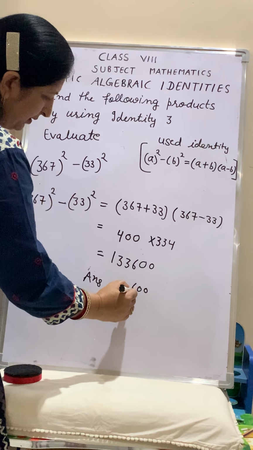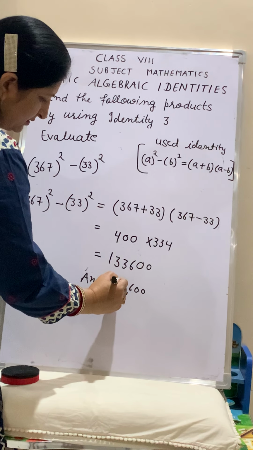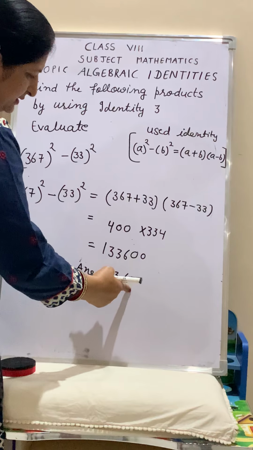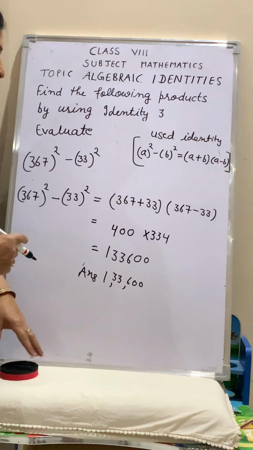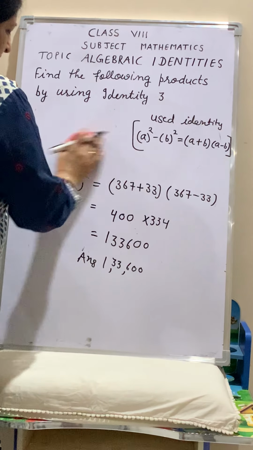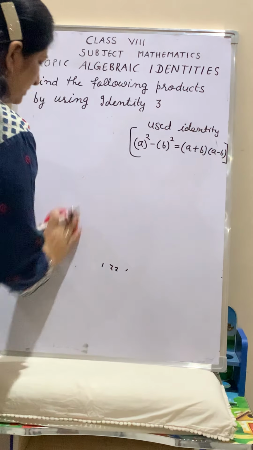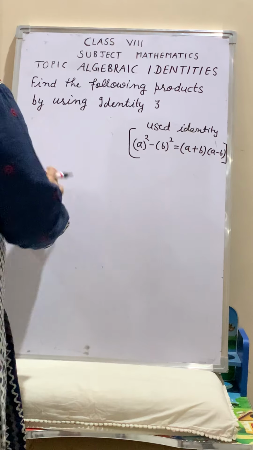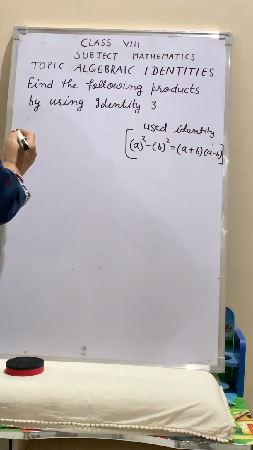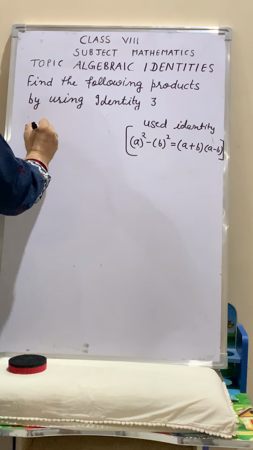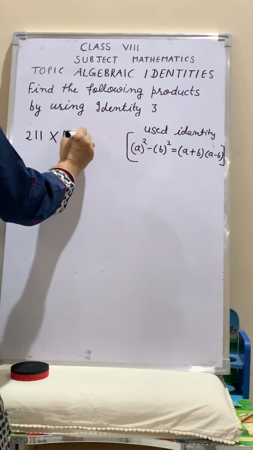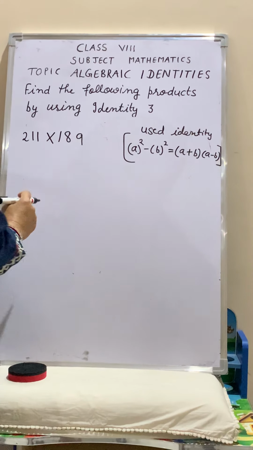You can put commas between periods. It means 1,33,600. Next example. If you have to find the value of 211 multiplied by 189 by using identity.